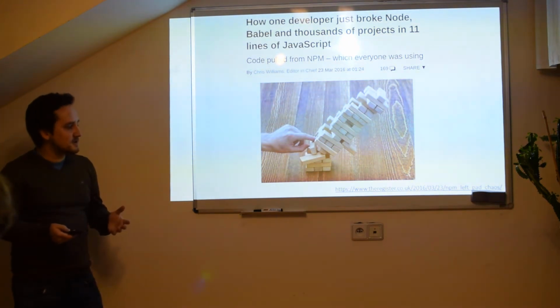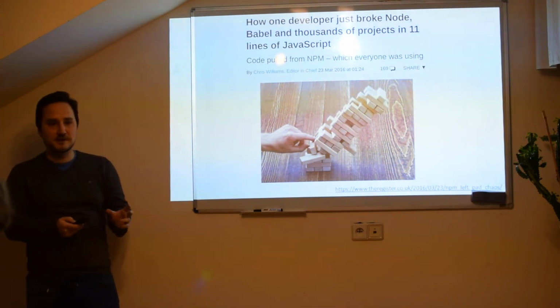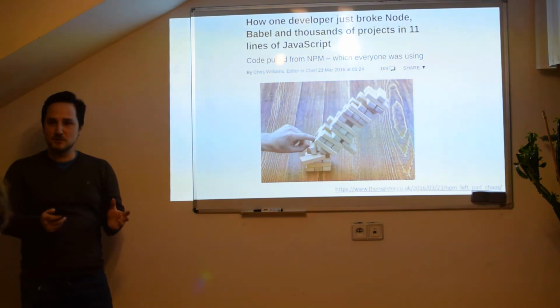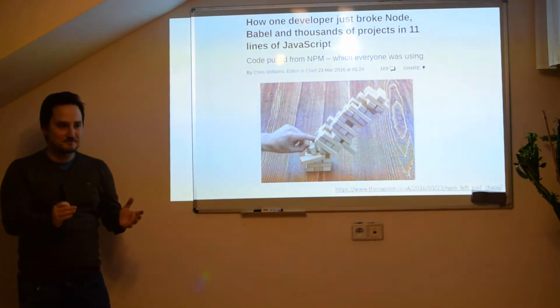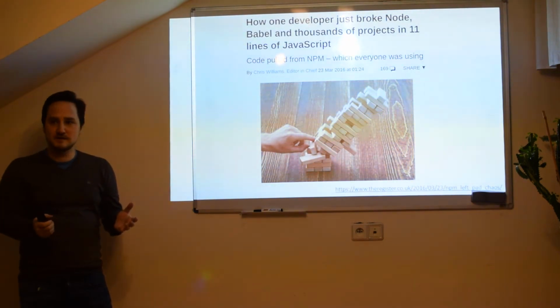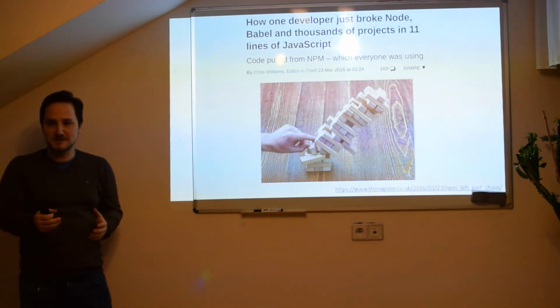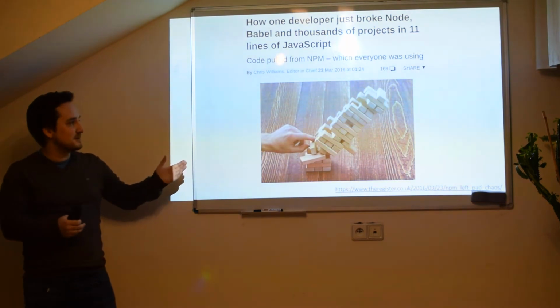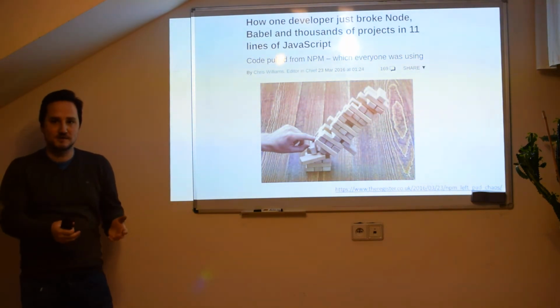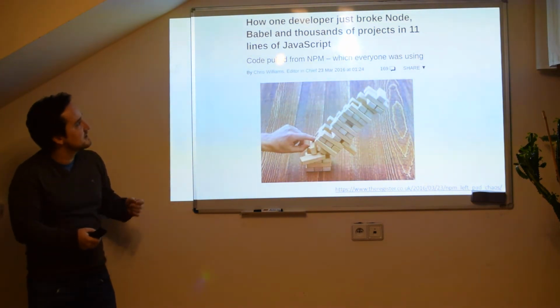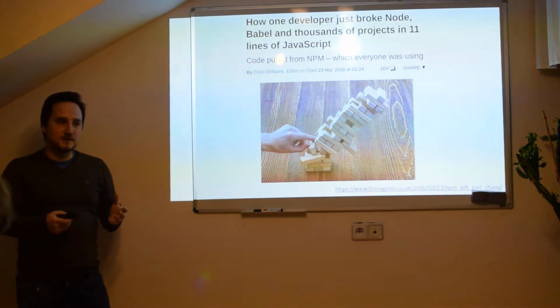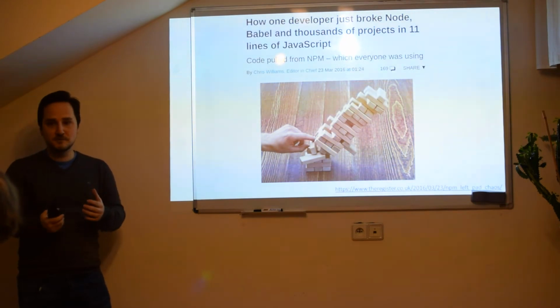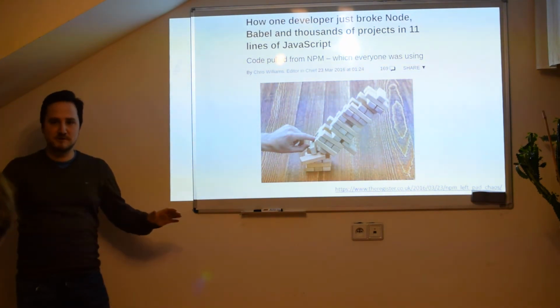Basically, a long story short, there's a small library which manipulates strings so that you can put some spaces on the left of the string, and apparently half of the internet depended in one way or another on this small package, which is like 11 lines of code, I think. The author of the library decided to remove it from npm, and everything went down.